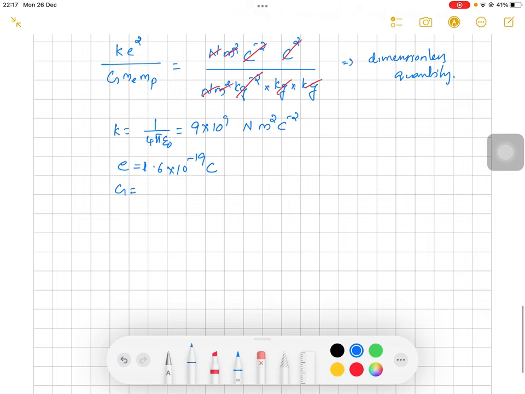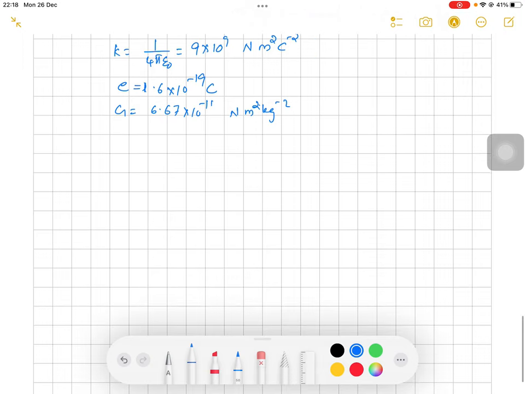The universal gravitational constant G is 6.67 into 10 raised to minus 11, sorry, not 12, Newton meter square per kilogram square. The mass of proton is 1.67 into 10 raised to minus 27 kilograms, and the mass of electron is 9.1 into 10 raised to minus 31 kilograms.